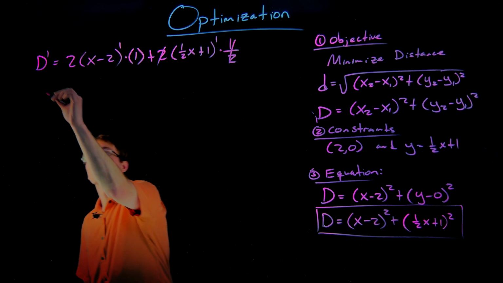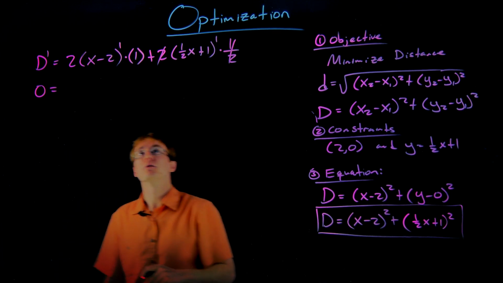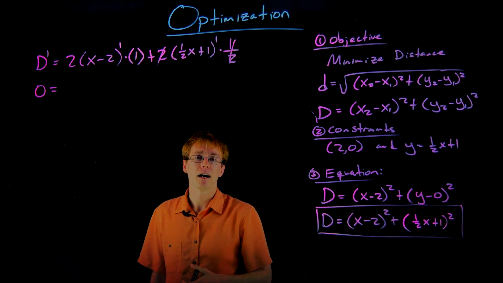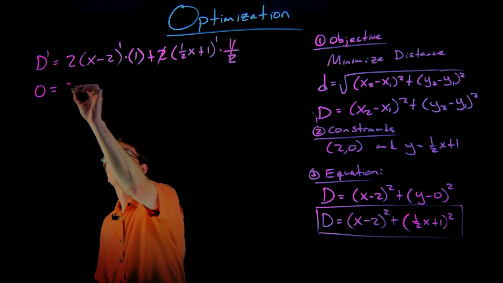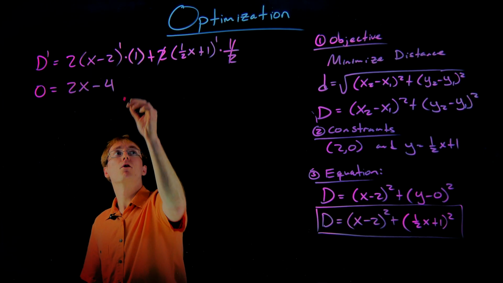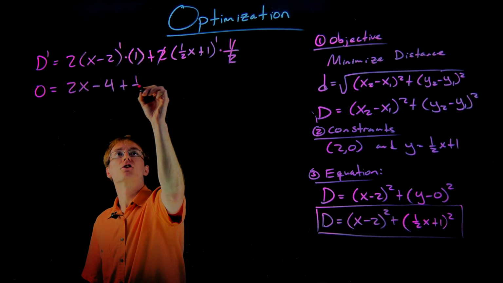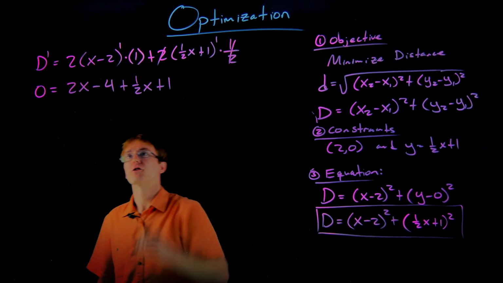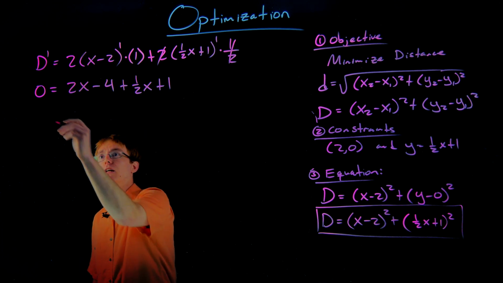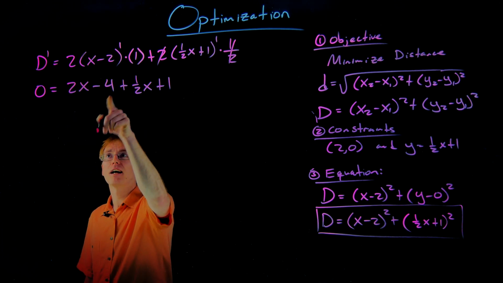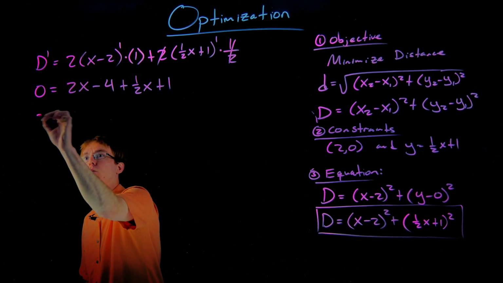So now to find our critical numbers, we have to set our first derivative equal to 0. And here's where I would take some time to expand it and combine like terms. If I expand that first quantity, we end up with 2x minus 4. And the second quantity is just 1/2 x plus 1. So now if I solve this equation for x, first I might have to move all the constants to the other side. So I'd add 4 and subtract 1.